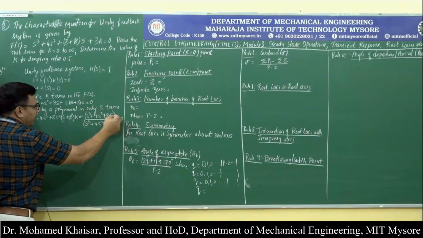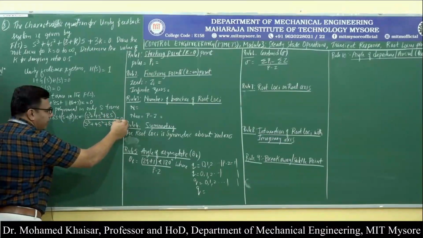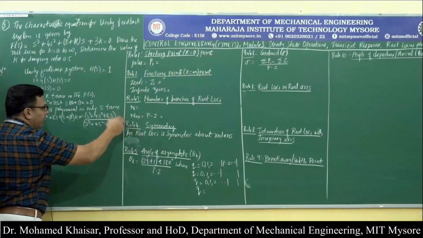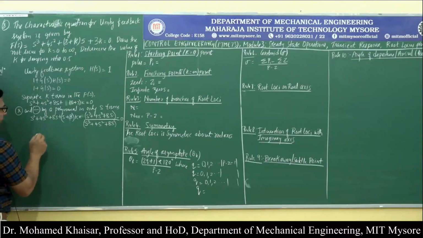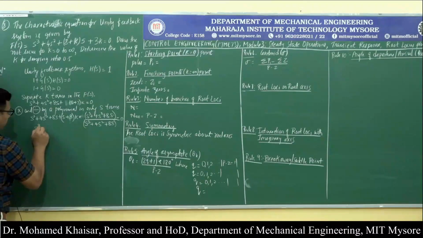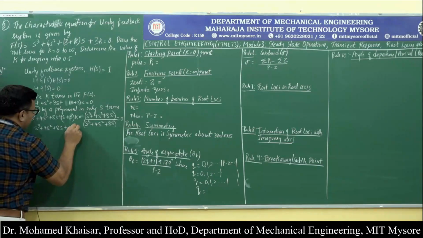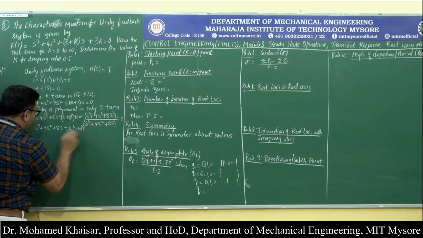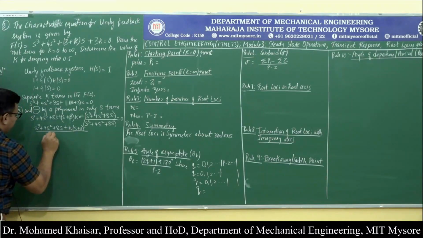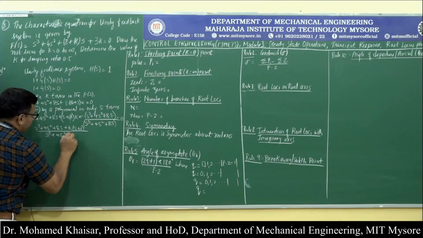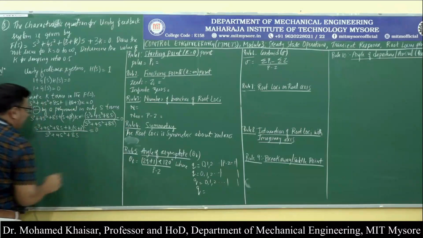If we take this numerator to the denominator on the other side, 0 by anything becomes 0. We will be left with s cube plus 4s square plus 8s plus k into (s plus 3) divided by s cube plus 4s square plus 8s equal to 0.